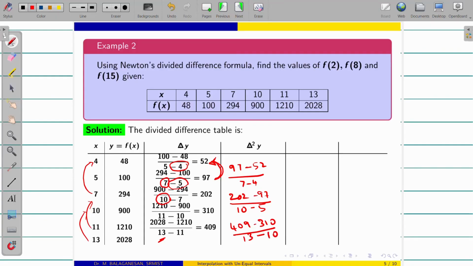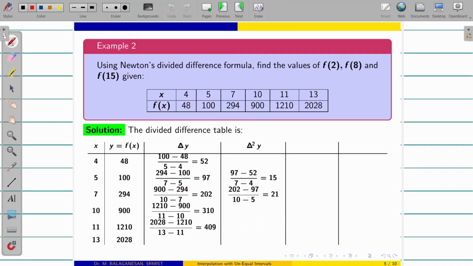That's it. This clue will help you to solve the problem in the easiest way for the upcoming higher differences also, because for the third difference it will confuse you. I will tell you this and this, and then this and then this.